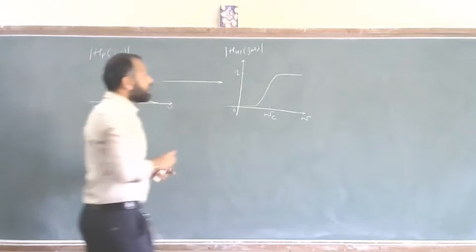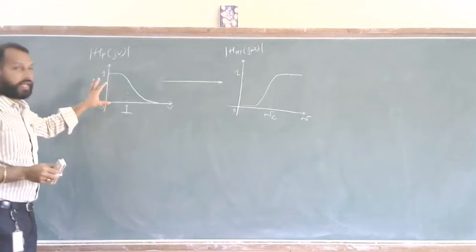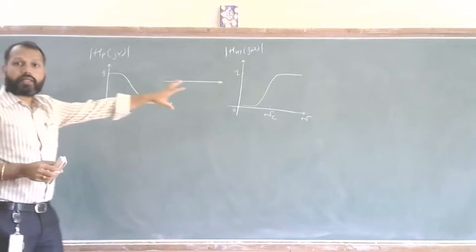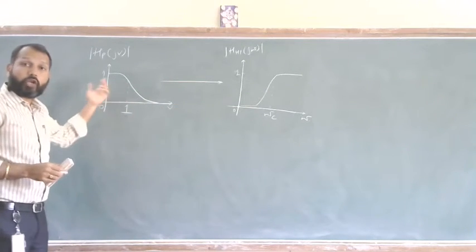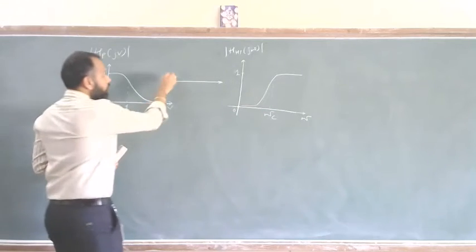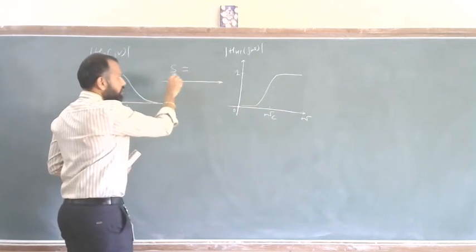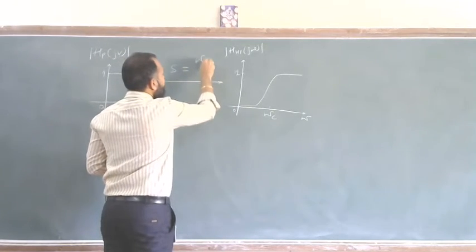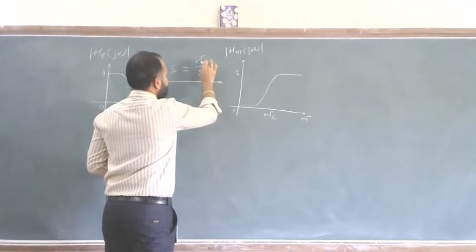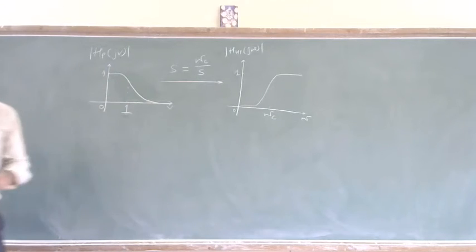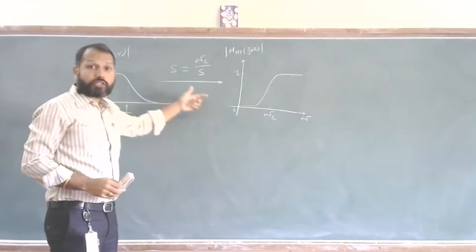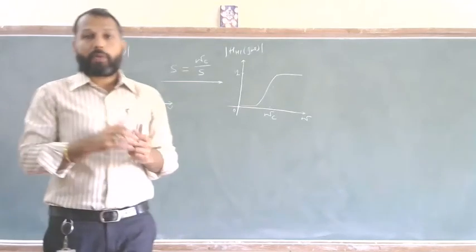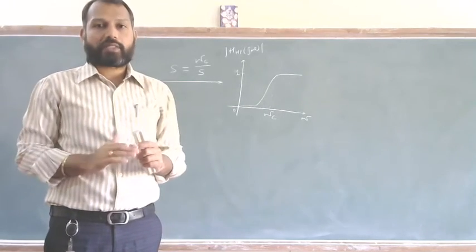So what is the transformation to obtain the practical high pass filter from the low pass prototype filter? To obtain this transformation, we will substitute S equals omega c divided by S. This is exactly the reverse of the low pass prototype to practical low pass transformation.